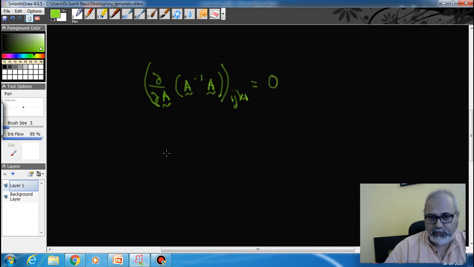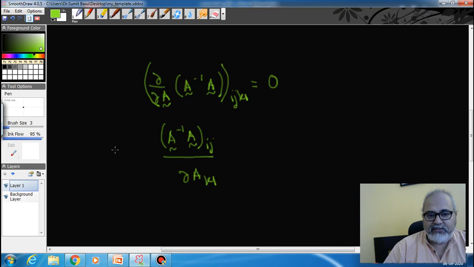Now I'm going to write A inverse A from what we have learned: the ijth component of this, divided by the klth component of this.